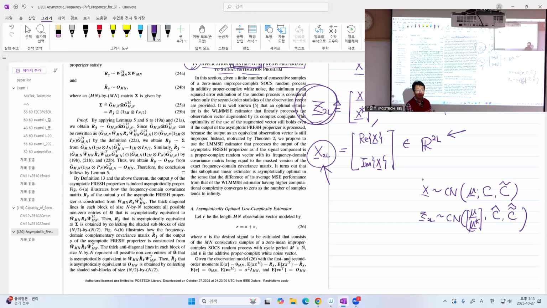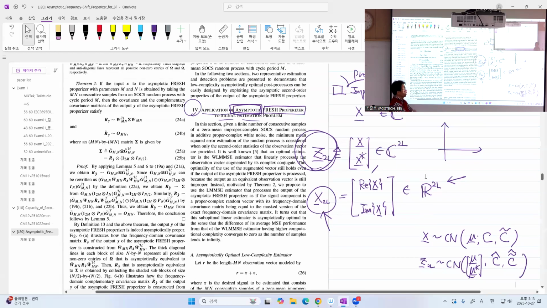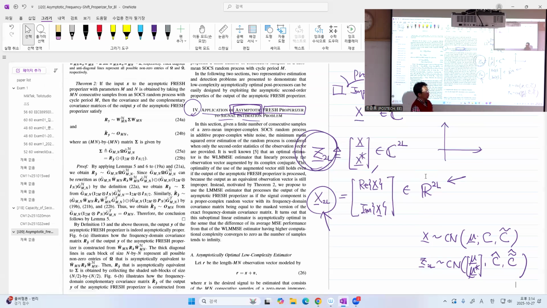So what does that mean? If you view the real and imaginary part of this one, then you have a length 4L real valued vector that has a singular correlation matrix, which means that not all 4L components can be independent.